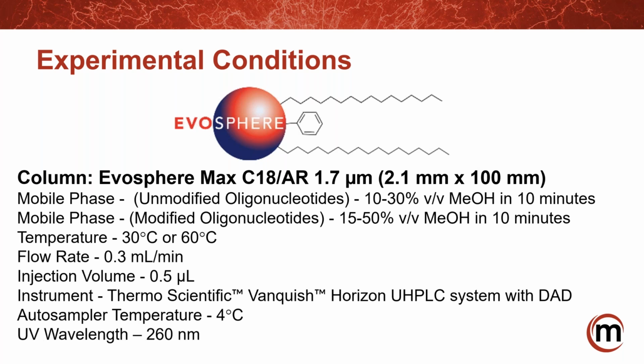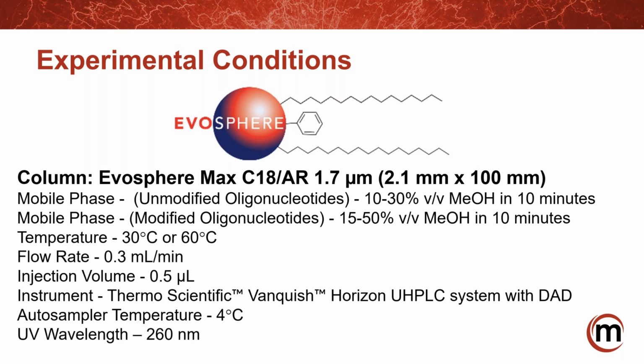The phenylhexyl has a 6-carbon chain linker, and the diphenyl also has a 6-carbon chain linker. But we're really seeing the benefit of having the hydrophobicity be a major component of the column and the phenyl character here. So for this application, the C18AR made sense.